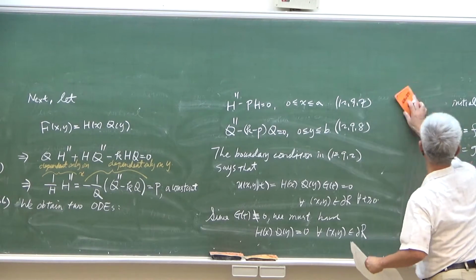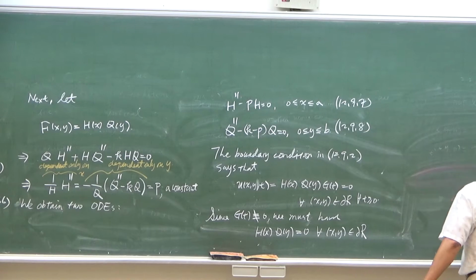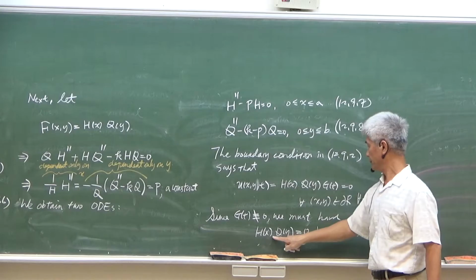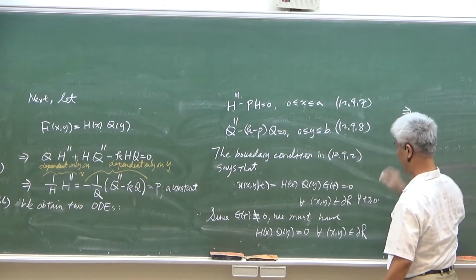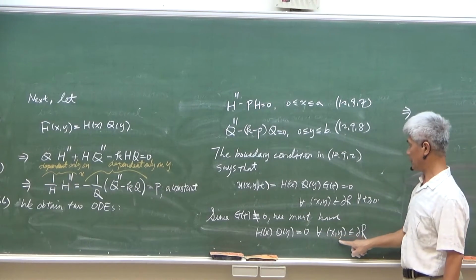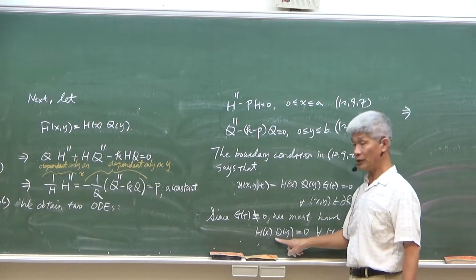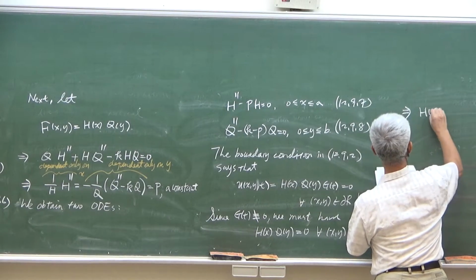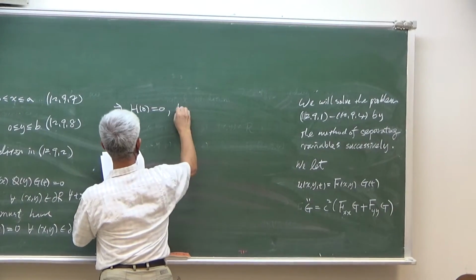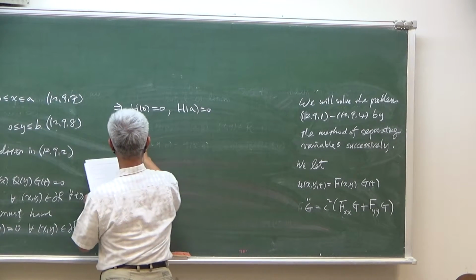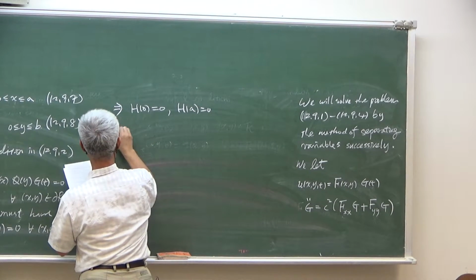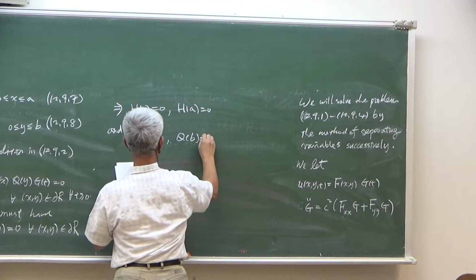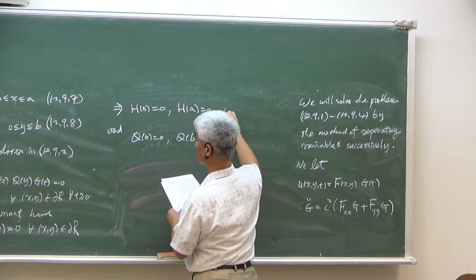Now this implies that because for all boundary points the product must be 0, h(0) equals 0, h(a) equals 0, and q(0) equals 0, q(b) equals 0. So this is the boundary condition.